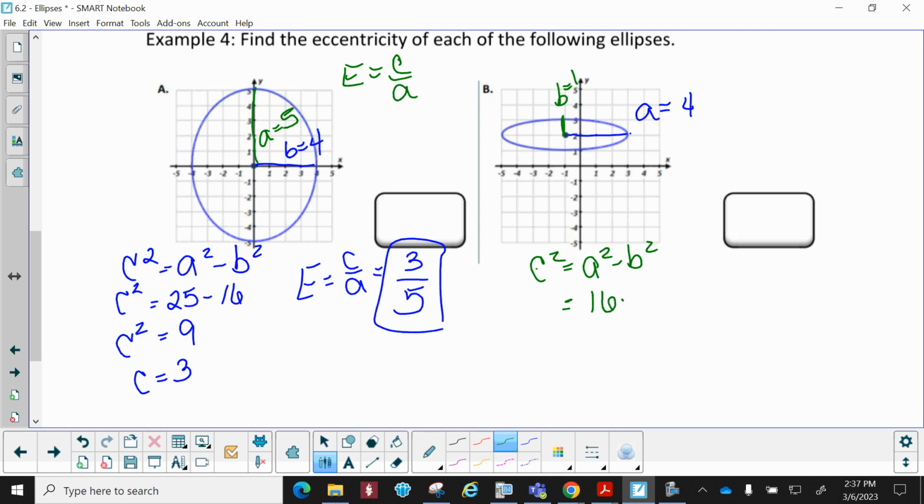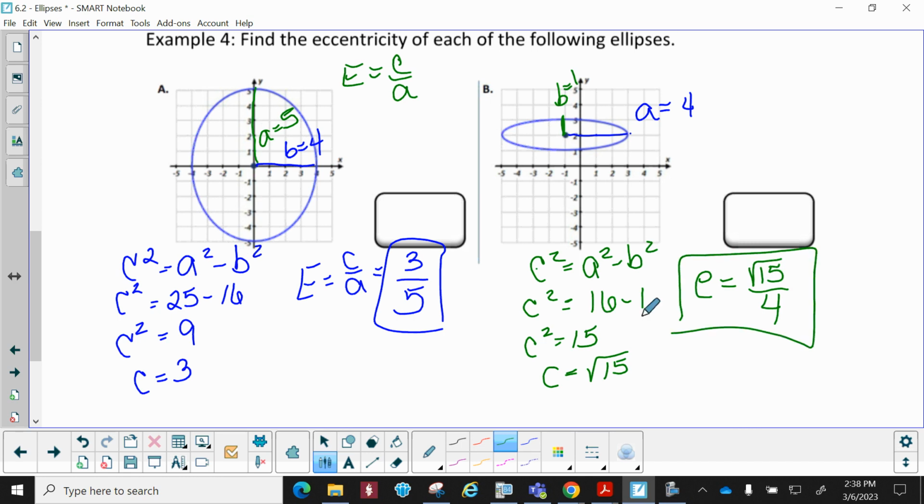So 16 minus 1, C squared is equal to 15, so C is equal to the square root of 15. E is equal to C over A, square root of 15 over 4.